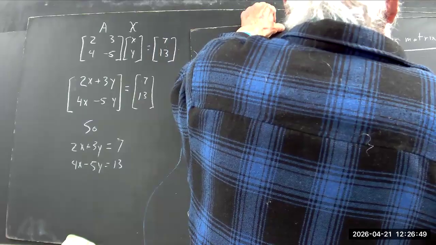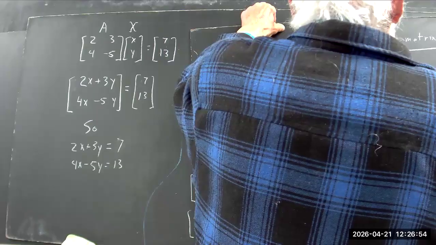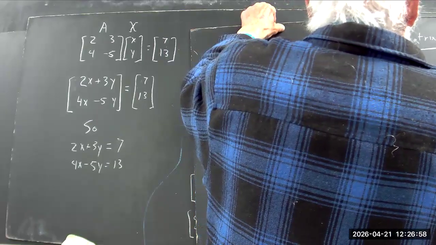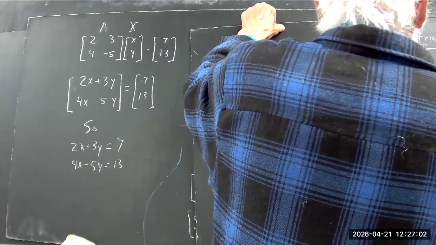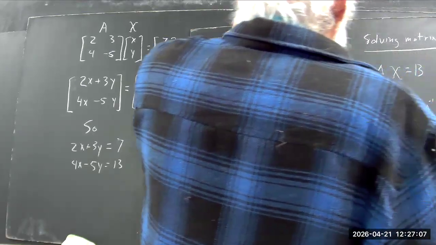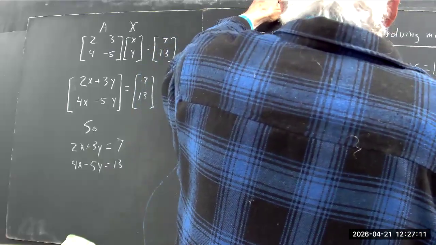So I'm just going to write again, X equals XY equals 37 11ths, negative 1 11th. So that X equals 37 11ths, Y equals negative 1 11th.